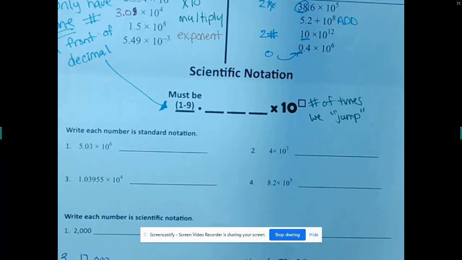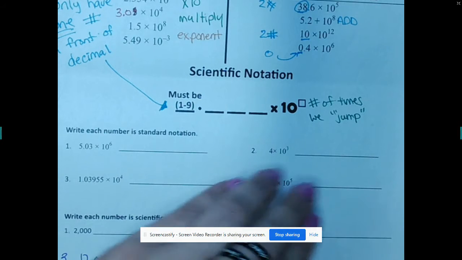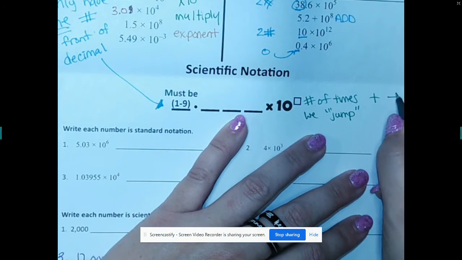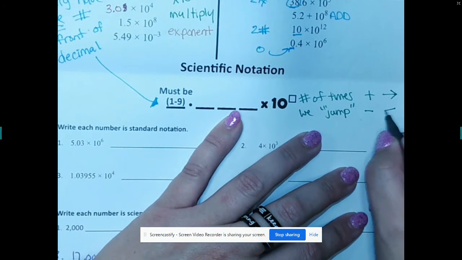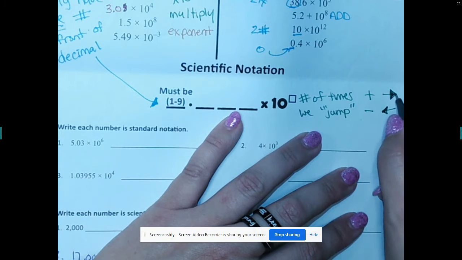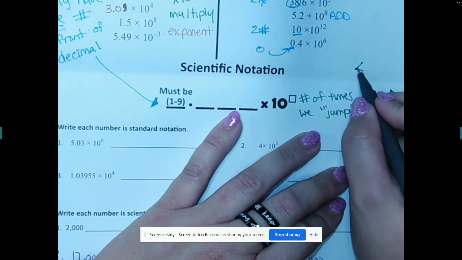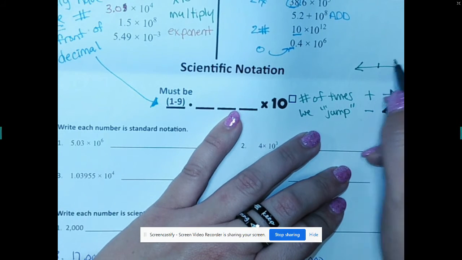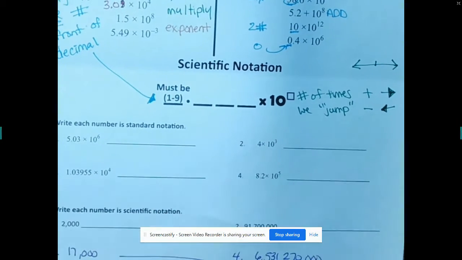It tells us the number of times we jump, which is how we move our decimal, okay? So if it's positive, we're going to the right. If it's negative, we're going to the left, okay? Positive to the right, just like a number line. Positive goes to the right, negative goes to the left.